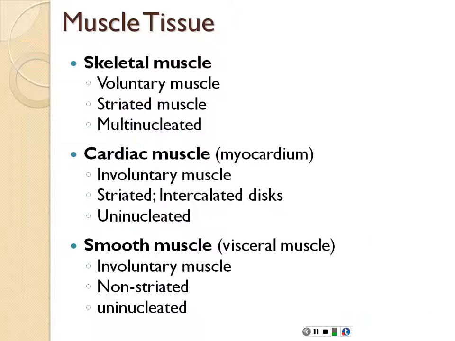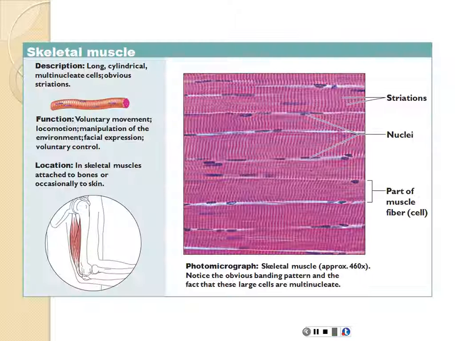And striated. I wanted to make sure you all understood what that means. Striated versus non-striated. So two of them are striated. And that just means they appear to have stripes when you look at them. So in this picture, you have maybe 1, 2, 3, 4, 5, 6, 7, 8, and part of another cell.